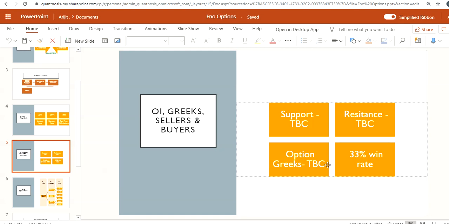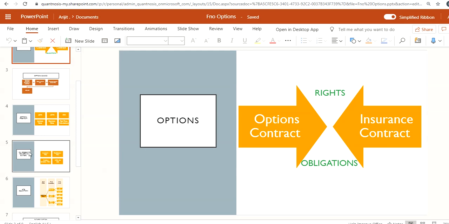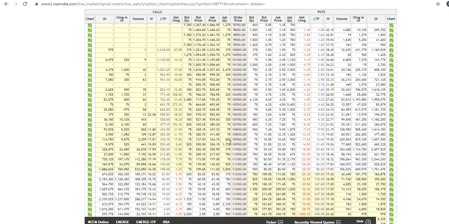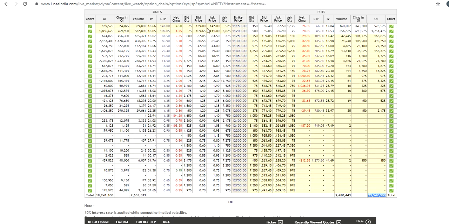Like in the previous chapter, we said the option buyer gets the right and the option seller gets the obligation, right? Which means if the price can go above a strike price for a call option, the price can actually go infinitely above, right? There could be no stop.